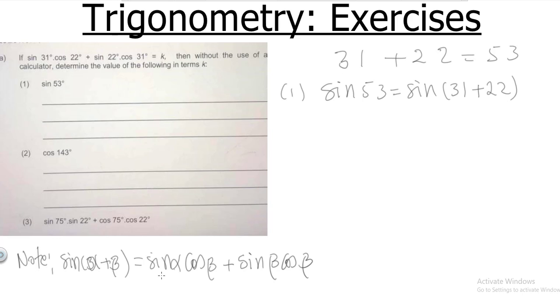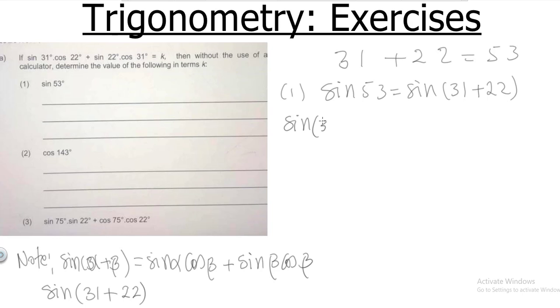So immediately we have a kind of sin(31 plus 22). So alpha will be 31.